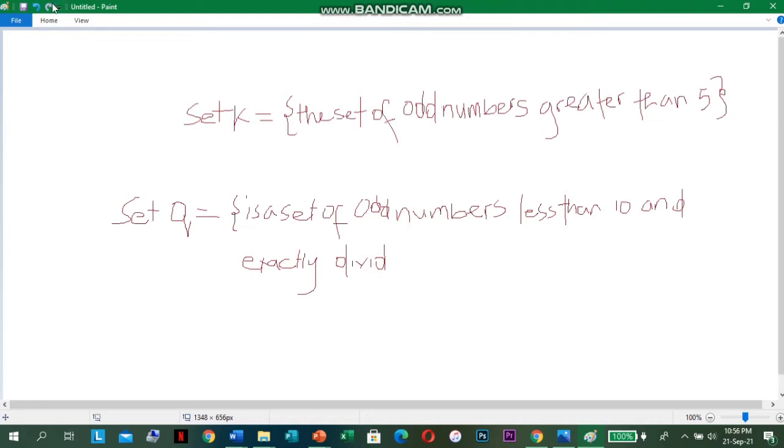I'm writing divisible. Sometimes I talk what you write, you know. So exactly divisible by 2. I'm gonna close my set with my curly brackets or braces.